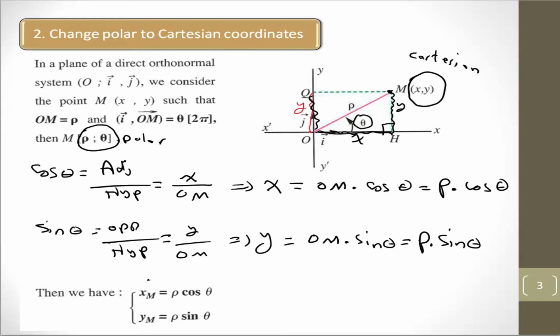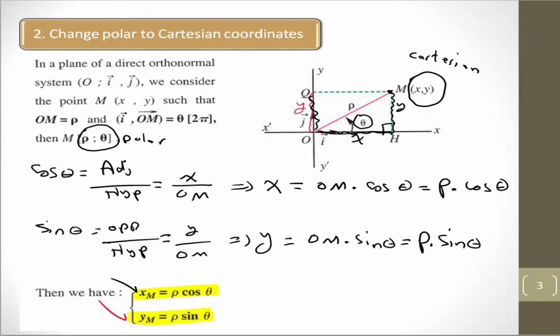The relation is x_M equals p times cosine theta and y_M equals p times sine theta. This is the relation between Cartesian and polar coordinates. If I give you the radius p and the angle, you can directly know the Cartesian coordinates, and vice versa.